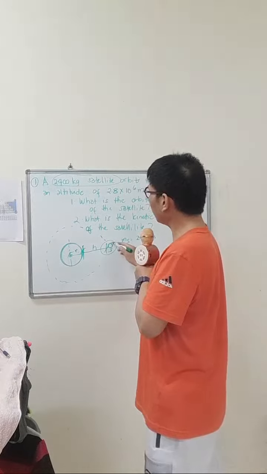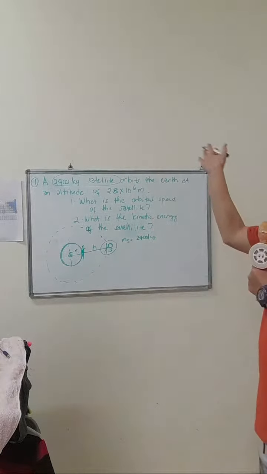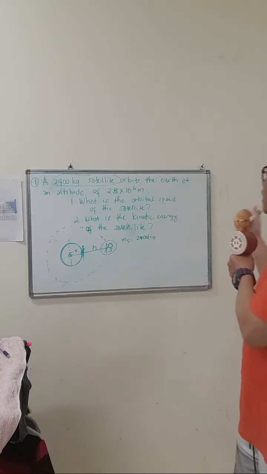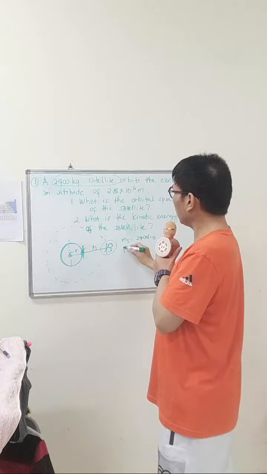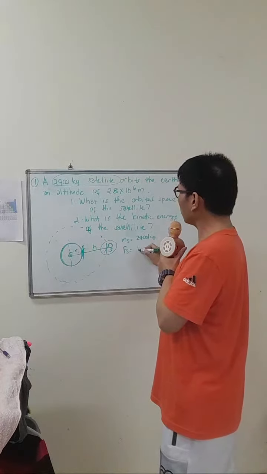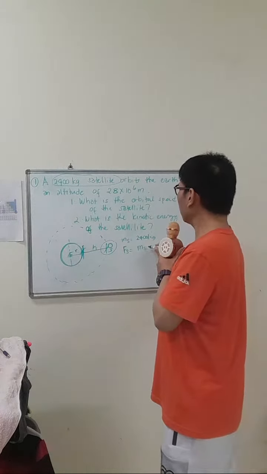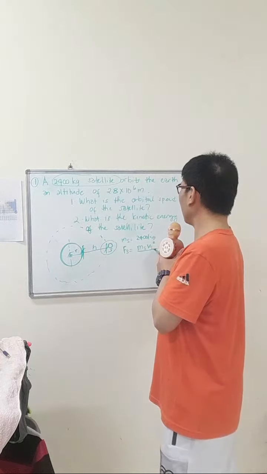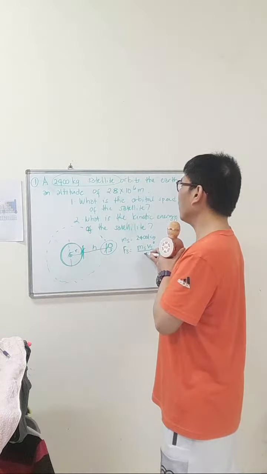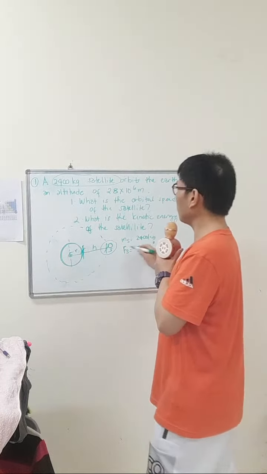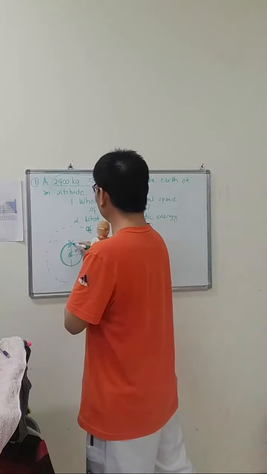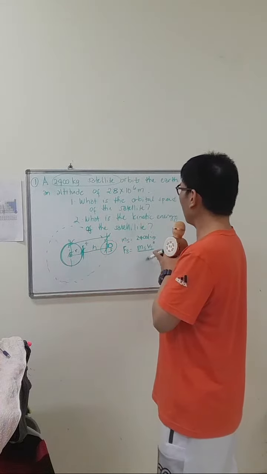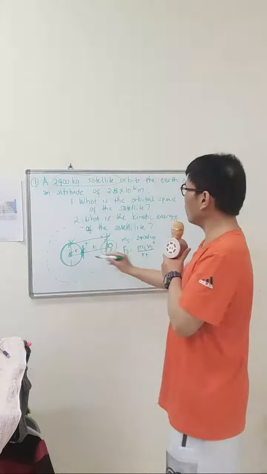Your satellite will be following the centripetal force, right? The centripetal force of the satellite is equal to the mass of the satellite times the velocity of the satellite raised to the power 2, over the radius, capital R. Capital R will be R plus H, so this is going to be R plus H. Look at the drawing so that you will understand.